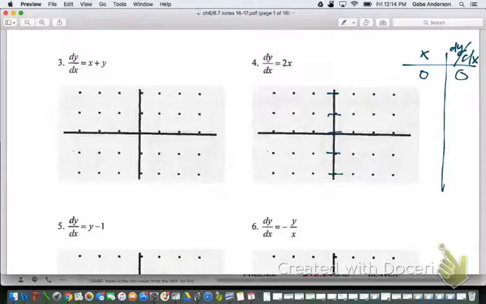Okay. So when you plug in a 1, 2 times 1, of course, is 2. So the slope would be 2. What I was sharing with a couple of folks over here, if I'm going to try to replicate a slope of 2, like let's say that my goal is to put a slope field mark right there. What should I be aiming at if I want to have a slope of 2? The origin, yeah.